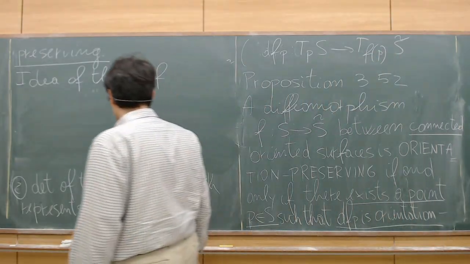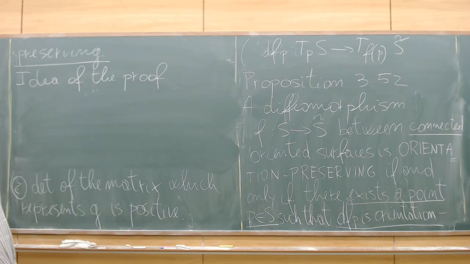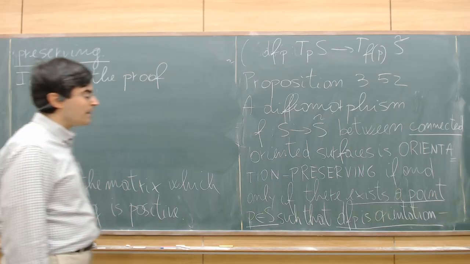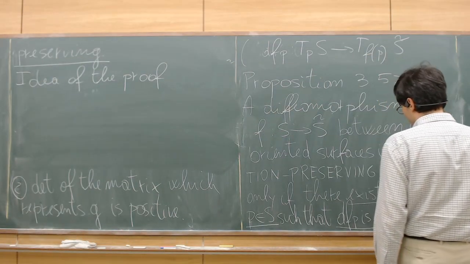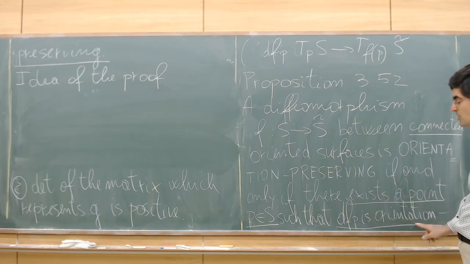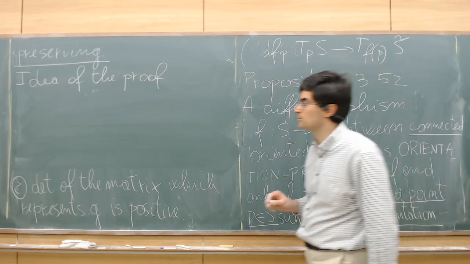Essentially, the idea is the following. Why is it enough to check that this map is orientation preserving only at one point?